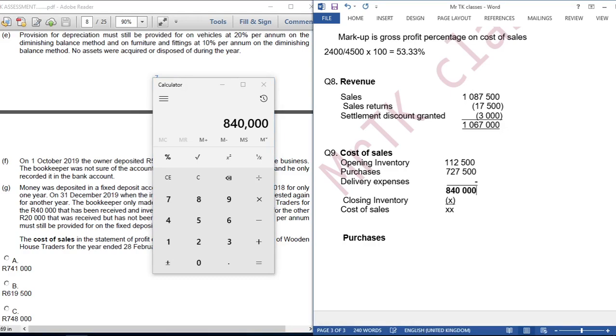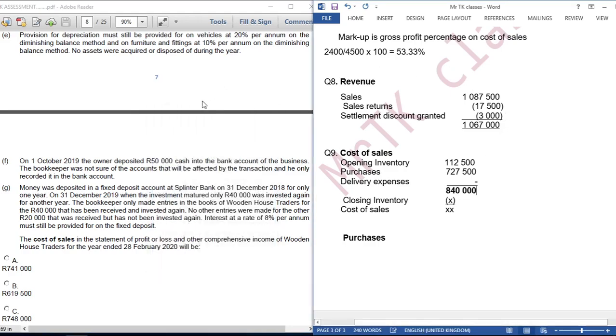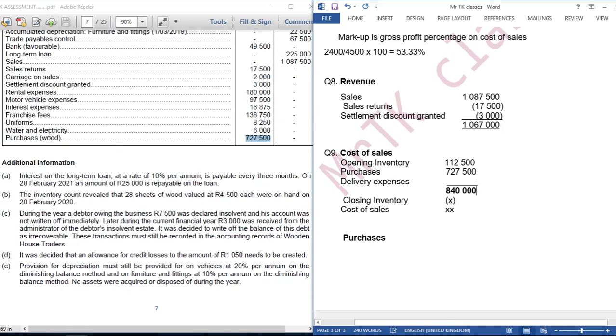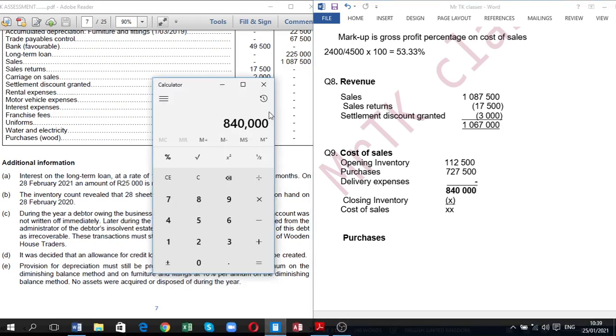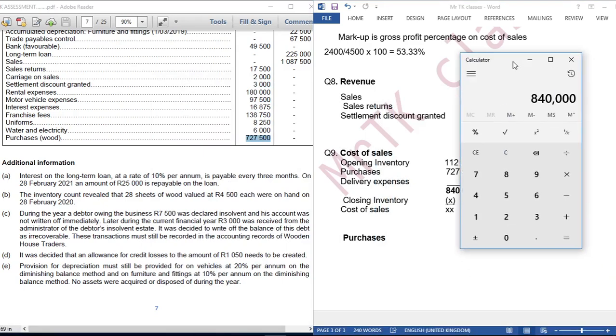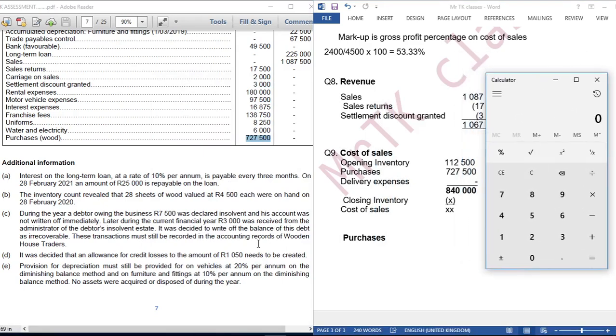840,000. Then closing inventory. The closing inventory count revealed that 28 sheets of wood valued at 4,500 each were on hand on 20th February 2020. So how many sheets of wood? 28 sheets valued at 4,500 each.